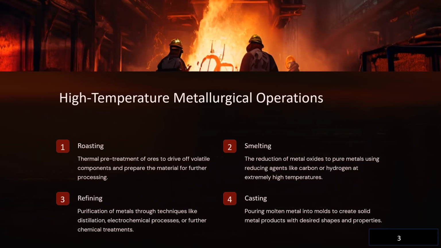Our next slide is on high temperature metallurgical processes, which are also known as the processes of pyrometallurgy. They include roasting, smelting, refining, and casting. I'll start with roasting. Roasting is a process of heating ores to a high temperature in the presence of air.